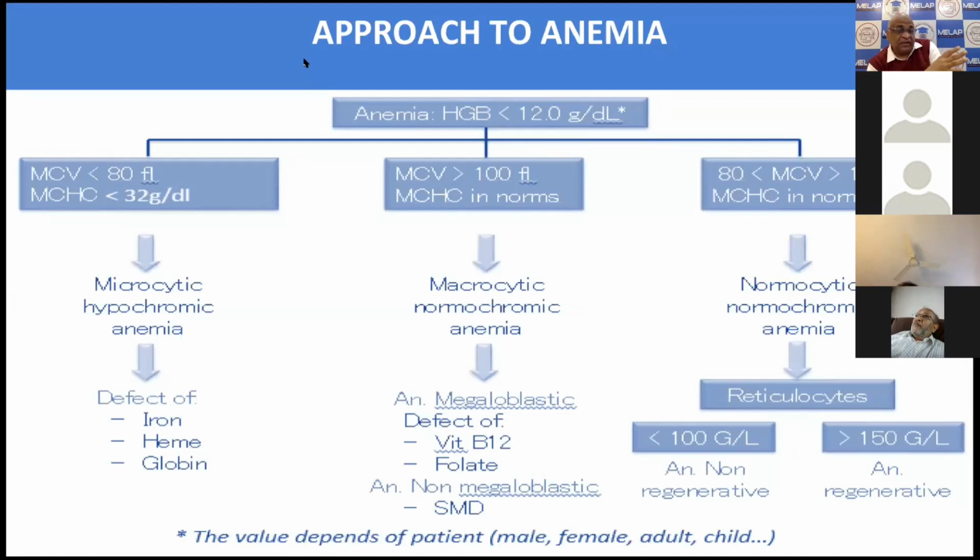If MCV is high, that means macrocytic anemia. In peripheral smear also we will find macrocytes. There is a defect in B12 or folate. And normochromic normocytic anemia, generally we see secondary to systemic diseases, anemia of renal disease or hypothyroidism.